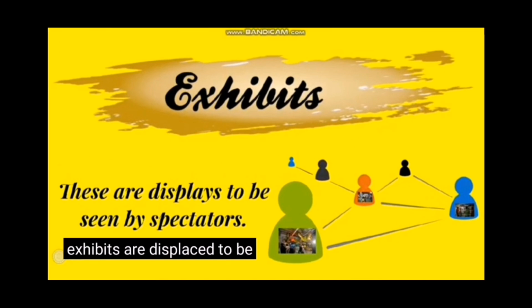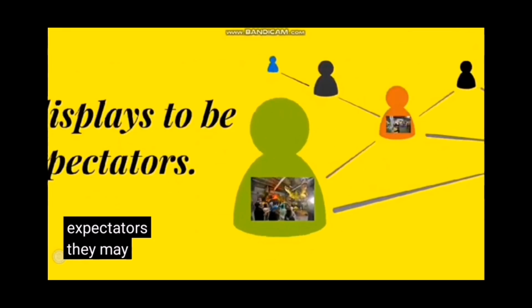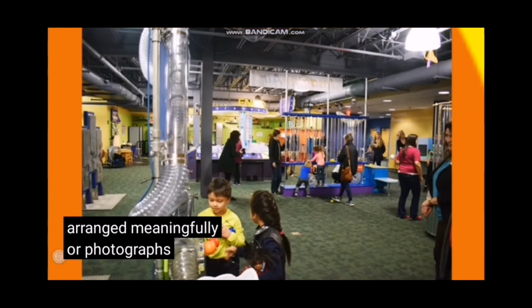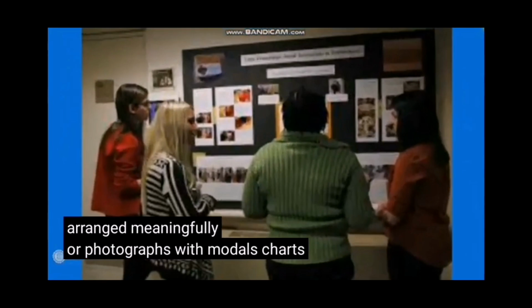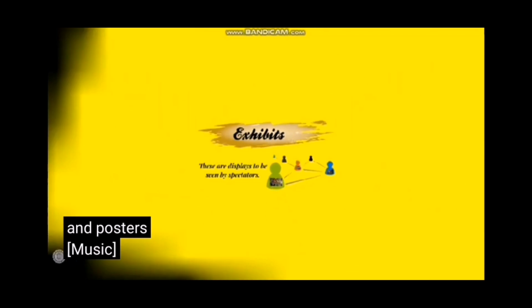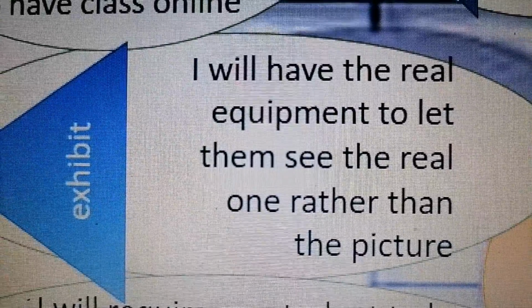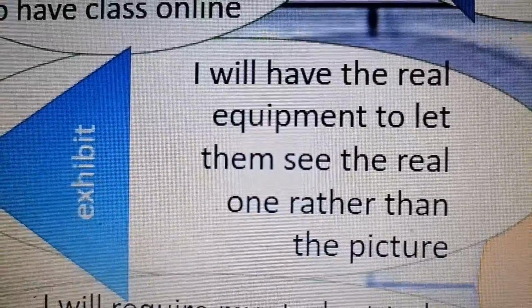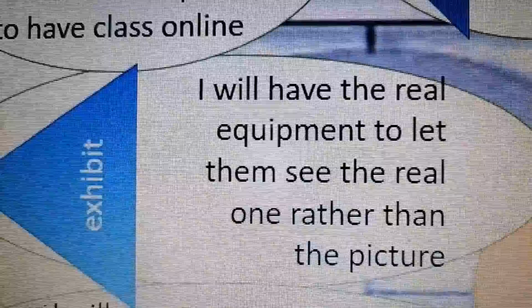Exhibits are displays to be seen by spectators. They may consist of working models arranged meaningfully or photographs with models, charts, and posters. Now to have the exhibit, I will have the real equipment to let them see the real one rather than the picture.